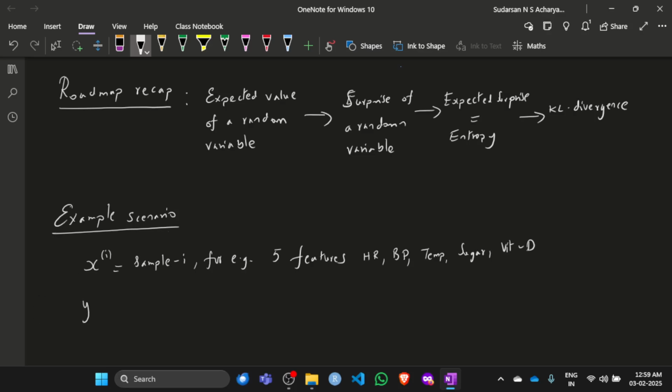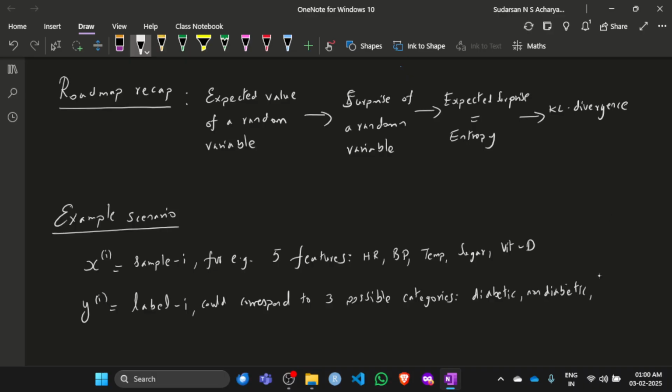Now this patient has a label y_i. This is the label for that patient, and let's say this could correspond to 3 possible categories. Just like the example we saw in the class, the categories could be diabetic, non-diabetic, and pre-diabetic.